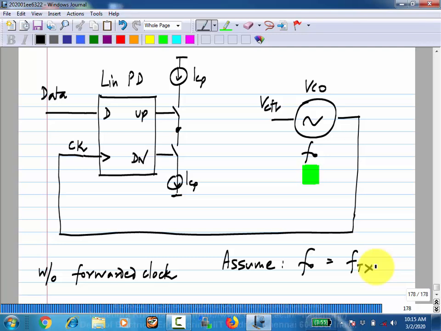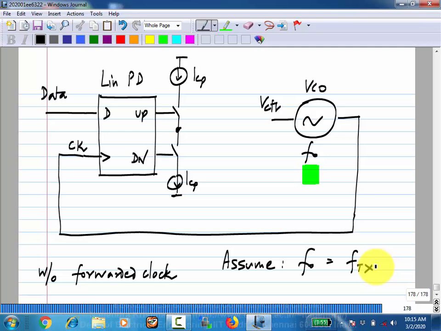Okay. So now again we have sort of reduced it to earlier case where we know the frequency and we have to adjust the phase. Of course, now the clock is coming from a voltage controlled oscillator. Earlier the transmit clock was delayed using a delay line. Now we don't have a transmit clock, so we can't use that.